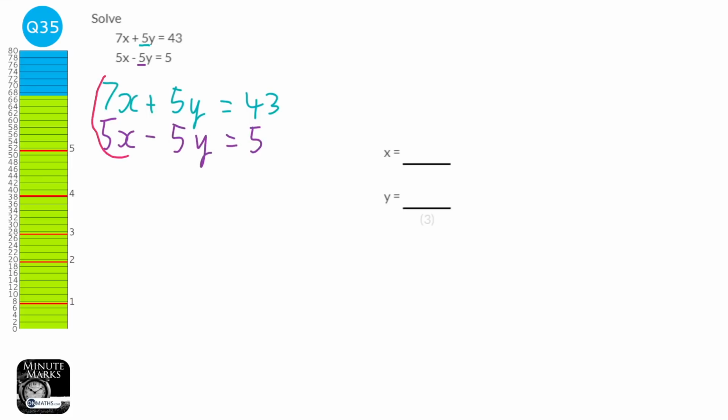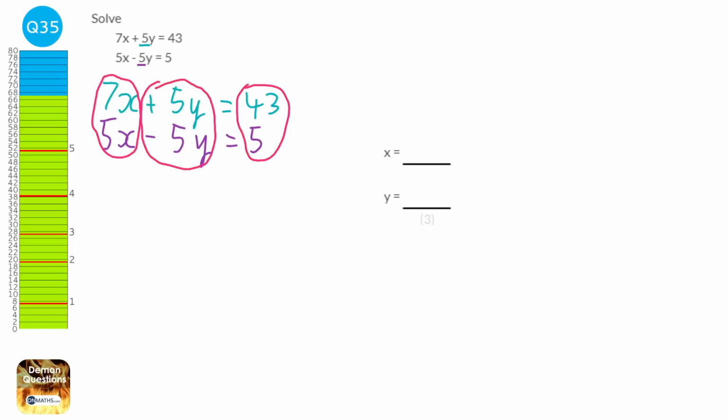So we're just going to show that with circles here. Don't forget the signs belong to the y's. Okay, now the thing we're looking at is the signs for the y's, because the coefficients of the y's are the same. Now, they're not quite the same because obviously one's plus, one's negative, but if they're the same sign, then we're going to subtract.